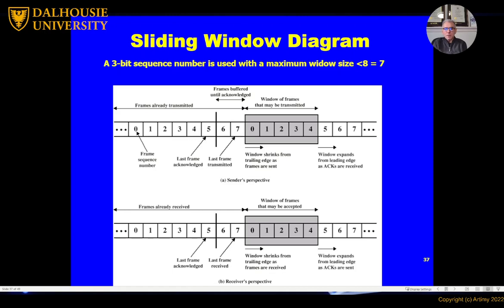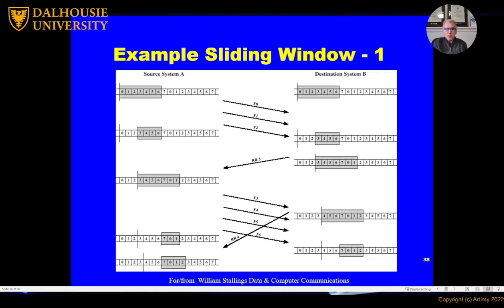So you can imagine that in this example the window is the shaded area, and we can send up to 7 frames at a time, from 0 to 6. The destination also has a sliding window representing the number of frames being received.